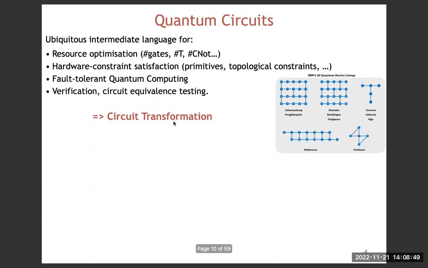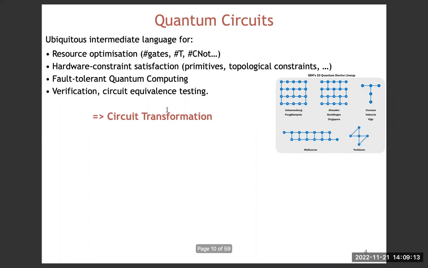You may want to satisfy some hardware constraints. Here we have an example where the memory has some particular constraints, so the two-qubit gate should be applied in some particular places. So you want to transform your initial circuits in order to implement them on these particular quantum computers.